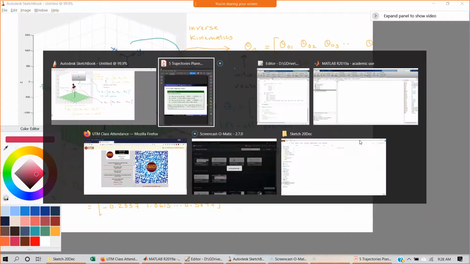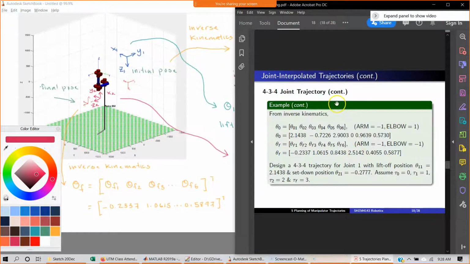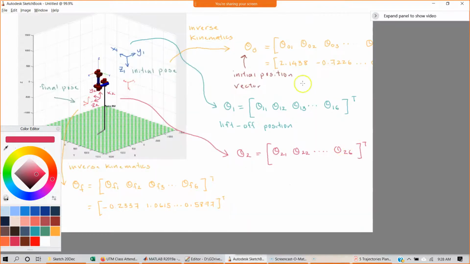So in the question in our slides, it says that we have to consider joint 1. So because we consider joint 1, you only have to take note of this first point, this one, and this one.